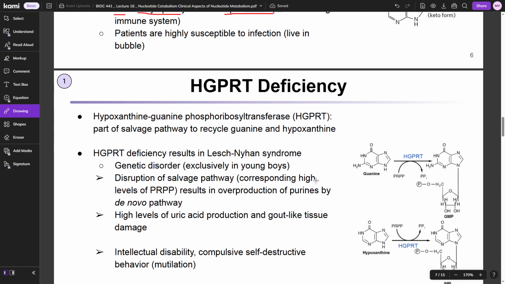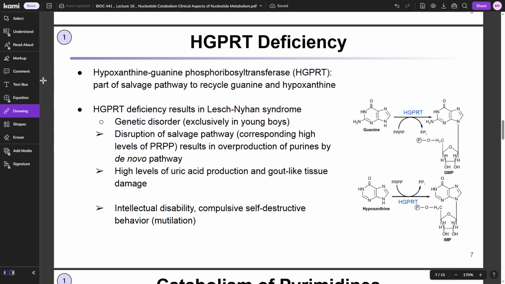So we have hypoxanthine guanine phosphoribosyl transferase. This is another genetic disorder enzyme. Basically, it's a disruption of the salvage pathway. And it results in the overproduction of purines by the de novo pathway, because this enzyme breaks down.